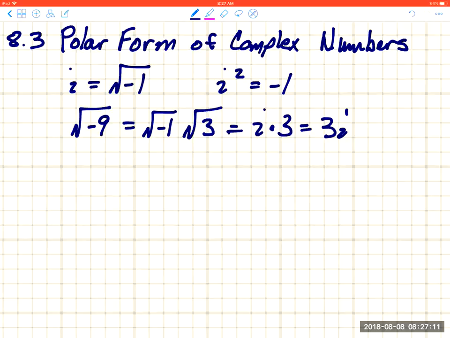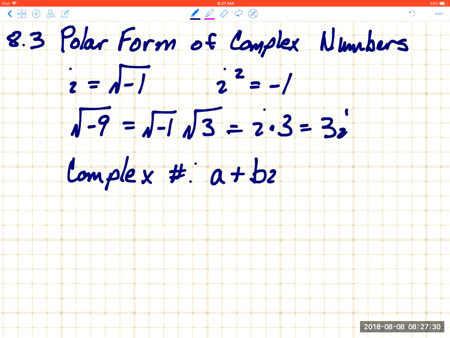So a complex number is a number that has a real part, which we usually call a, plus or minus, it doesn't really matter, an imaginary component.